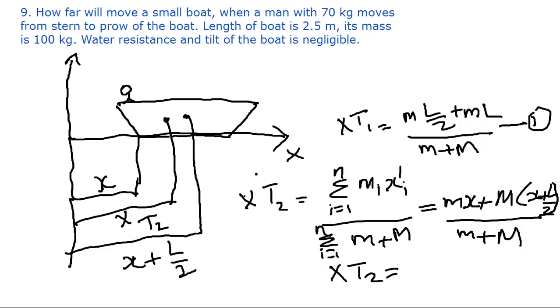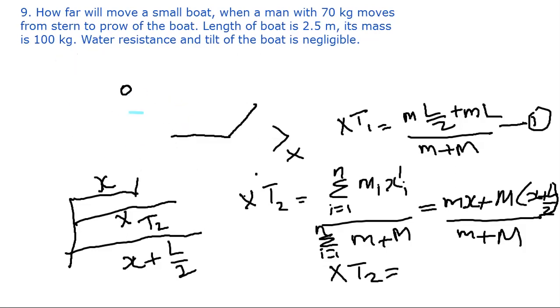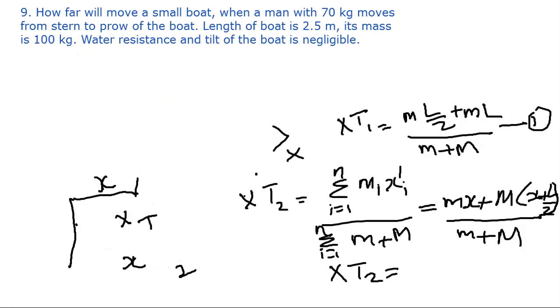Now as I told you before, we know that xt2 is equal to xt1, so we can just erase this image. We can equate it. We can equate xt2 is equal to xt1.